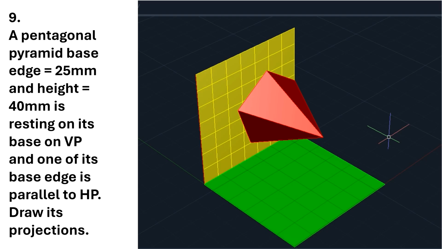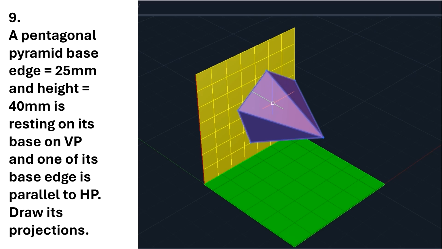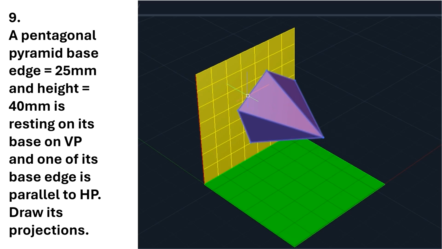Now the pentagonal pyramid is resting on its base on VP and one of its base edges is parallel to the horizontal plane. So this base is resting on the vertical plane.